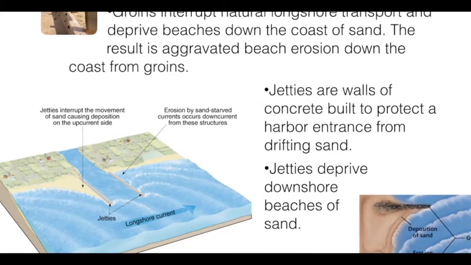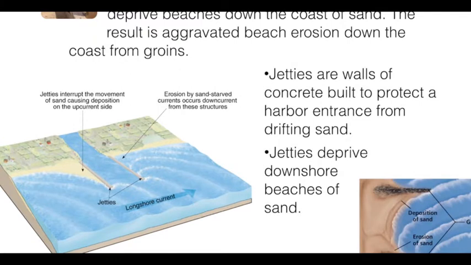Another one would be jetties, which protect harbors. These are sticky out structures that act as groins on both sides of a harbor, so that it protects the harbor from waves, so that boats going into the harbor are not being knocked sideways as they're going.